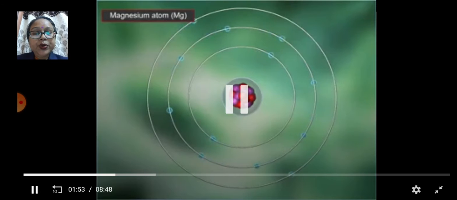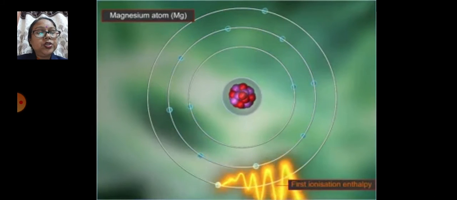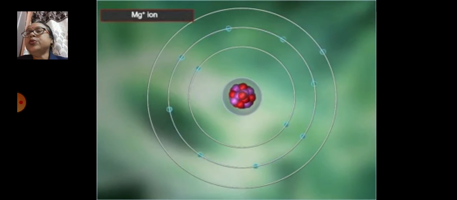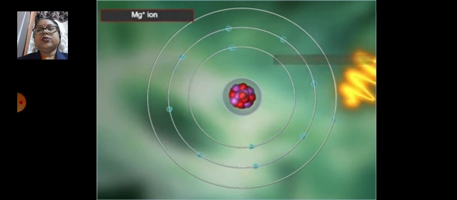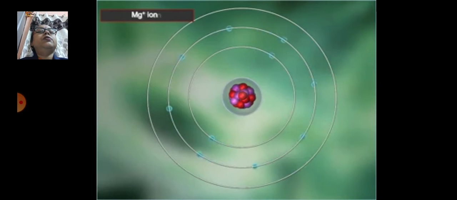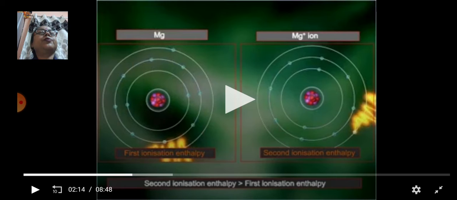The energy required to remove the first electron from a neutral atom is called first ionization enthalpy, and on the other hand, the energy required to remove a second electron from its unipositive ion is called second ionization enthalpy. For example, magnesium atom and unipositive magnesium ion.